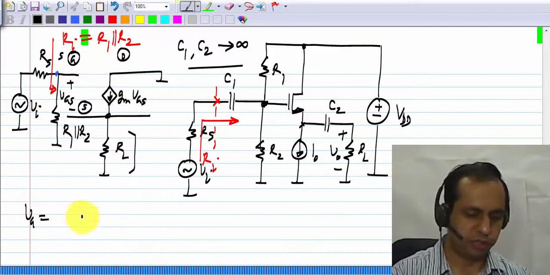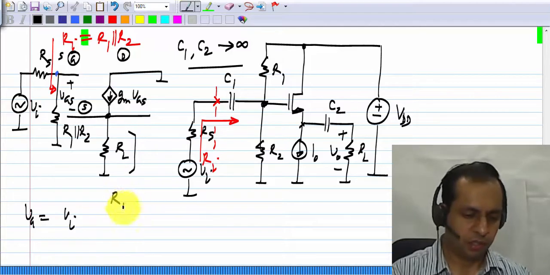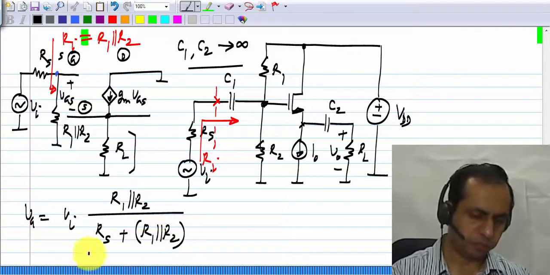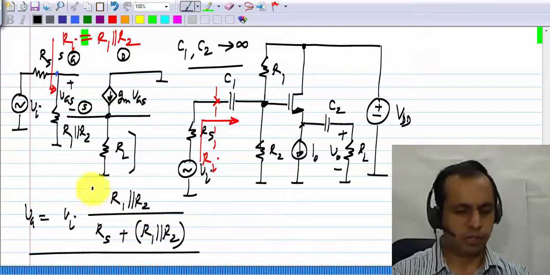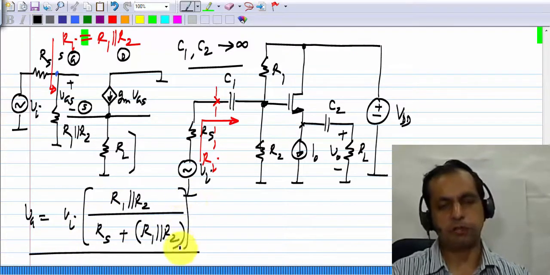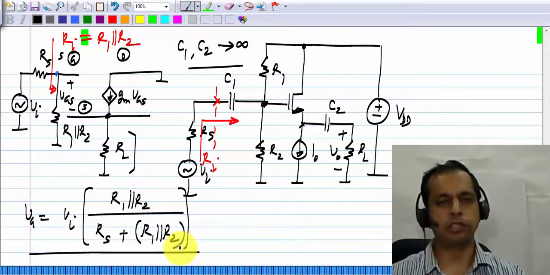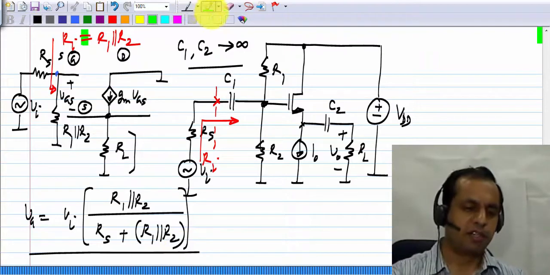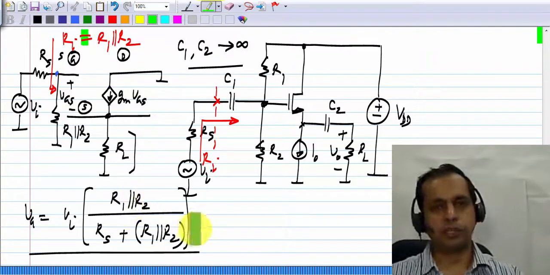Okay, so now the gate voltage is not exactly the same as Vi. The gate voltage will be Vi times R1 parallel R2 divided by Rs plus R1 parallel R2. In fact, we had got exactly the same type of expression with the common source amplifier as well when we use this type of biasing, the source feedback biasing. But this situation is quite easy to take care of.